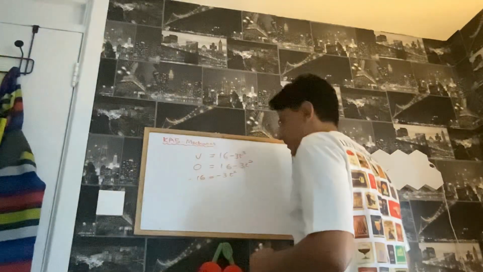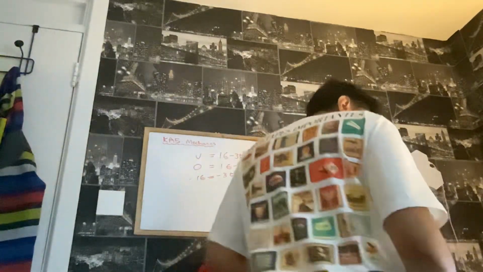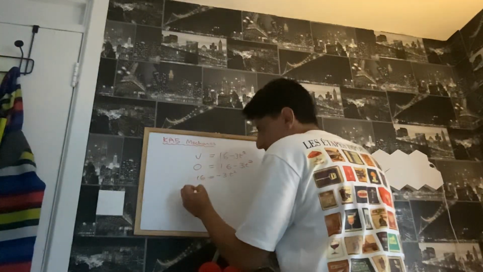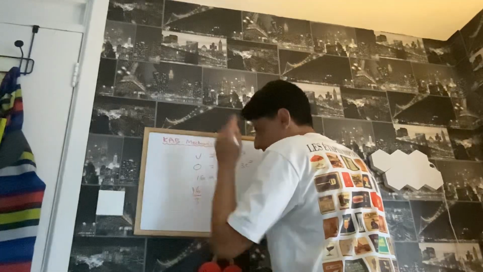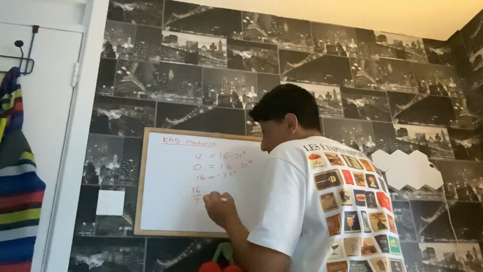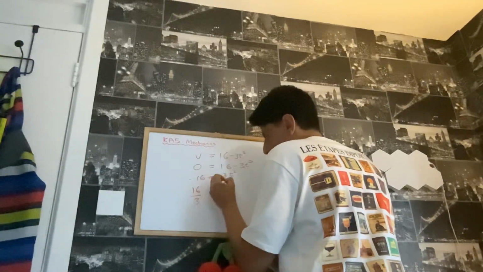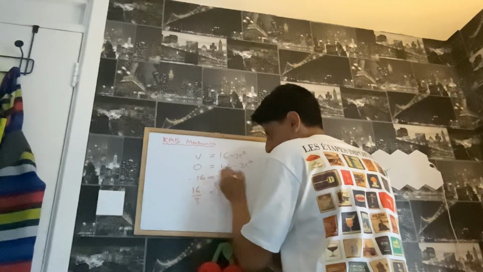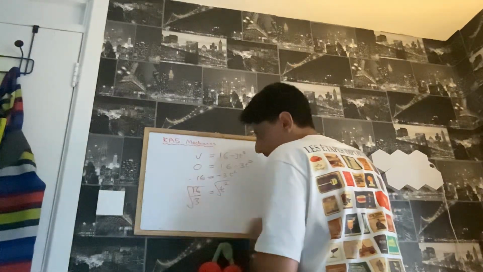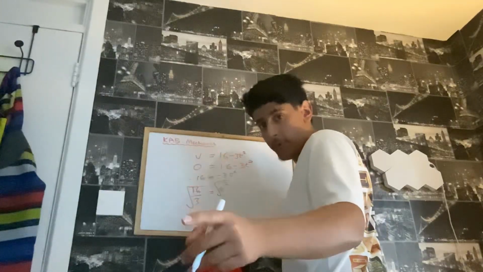Now we divide by 3, and you get 16 over 3, because minus divided by minus gives a positive. Equals t squared. Square root it.